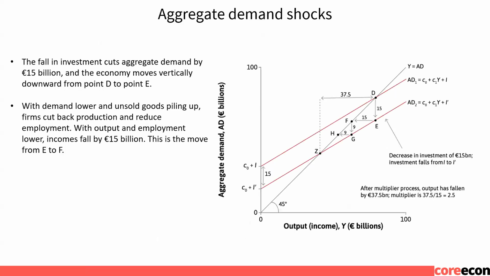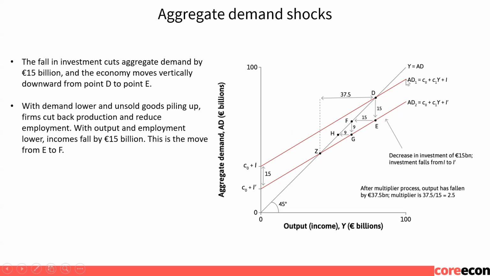Now, let's talk about a different type of deviation from the aggregate demand, or the goods market equilibrium. So let's say we start with point D this time, right? So initially we were at AD1, and that was our aggregate demand intersecting the income level here at point D. And we are seeing a decrease, a cut in investment by 15 billion euros.